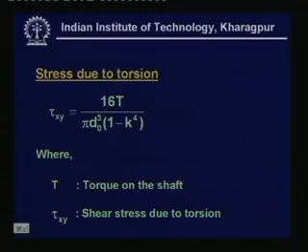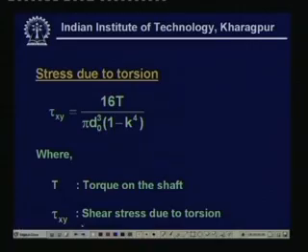Now, in a similar manner, when we compute the stress due to torsion, the expression is tau xy equals 16 T by pi d0 cube 1 minus k to the power 4. This expression comes in a similar manner as we dealt with earlier for calculating the bending stresses. Here we use the torsion equation.